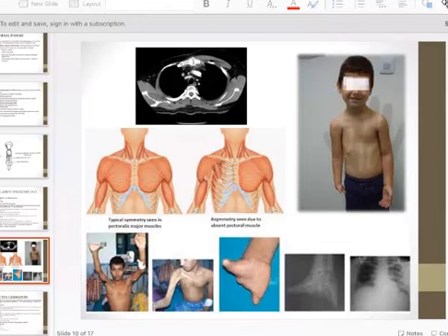See, and we have syndactyly or brachydactyly. This is how Poland syndrome will appear. In the female, we have either hypomastia or amastia. This is the appearance of that one, and the chest X-ray and CT scan, how it will appear.